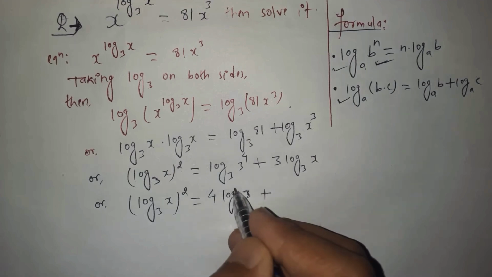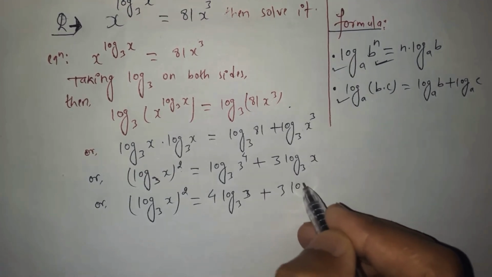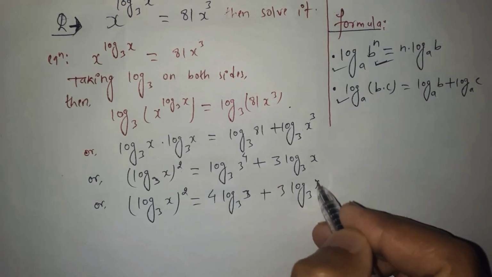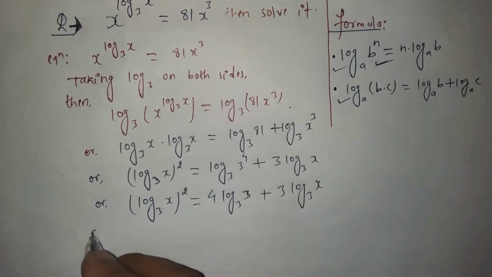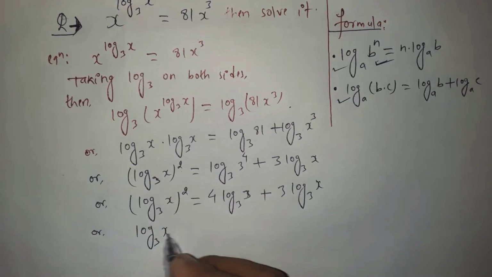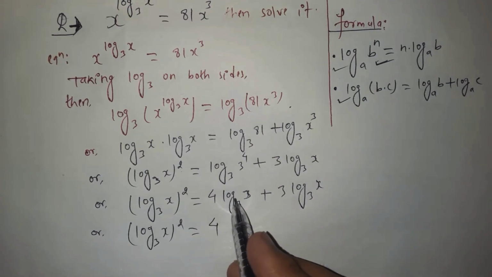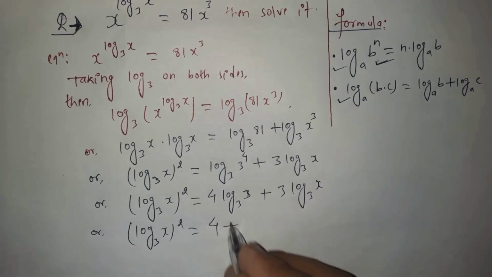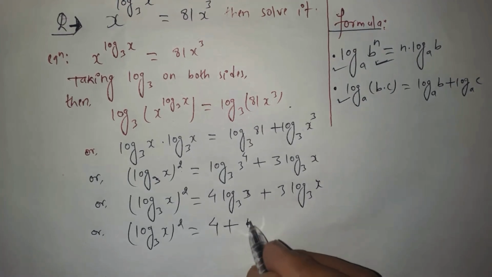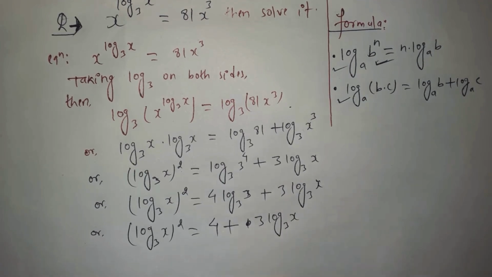We can use the 1 in place of this logarithm. Then this will be 3 log with base 3 of x. Now this can be further simplified as log with base 3 of x, squared, is equal to only 4, since the log with the same argument and base is always 1, plus 3 log with base 3 of x.